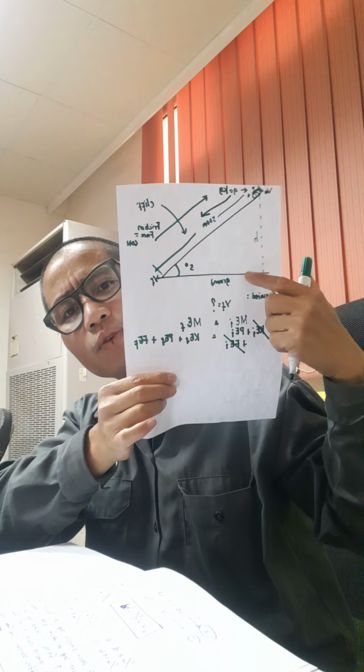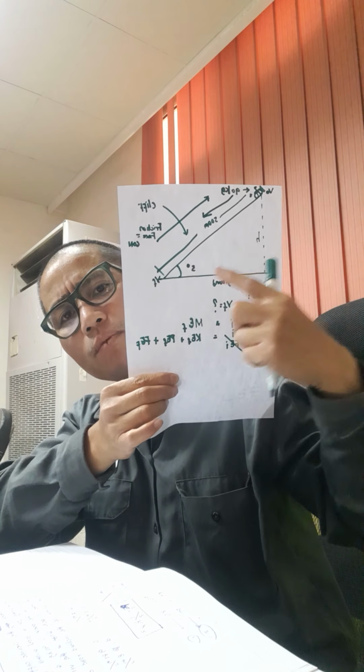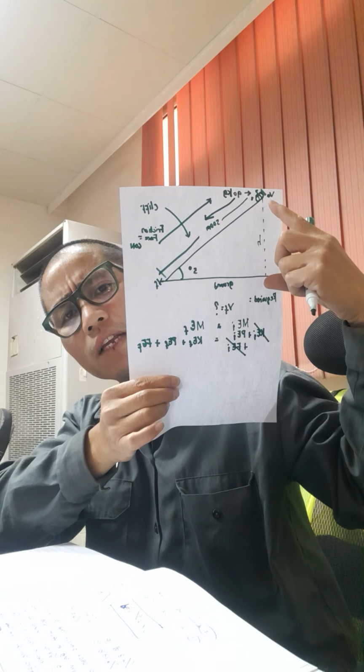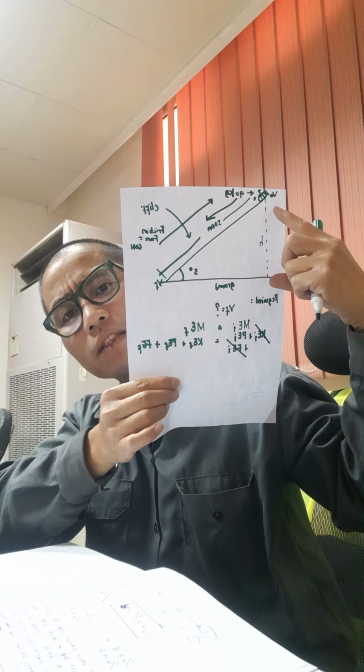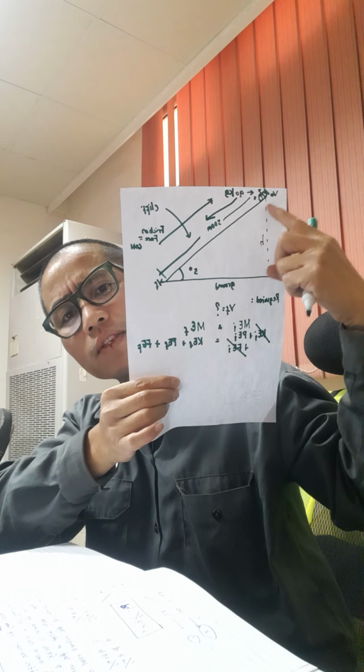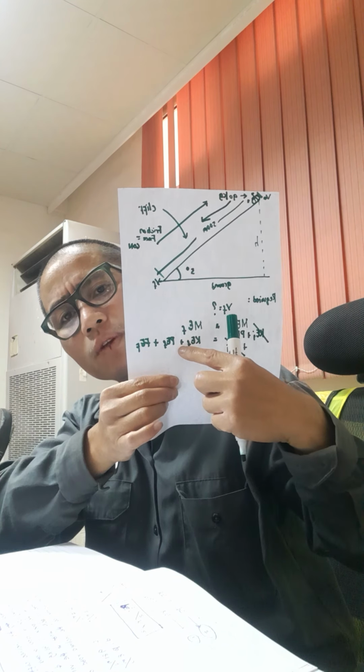When the cyclist reaches this ground surface, there will be no height anymore. Our height is still unknown, but there will be no more height when the cyclist reaches the ground, so height is equal to 0, so our potential energy will be cancelled.